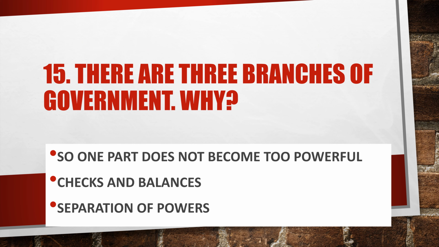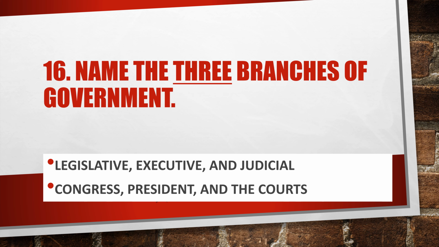There are three branches of government. Why? So one part does not become too powerful. Name the three branches of government. Legislative, executive, and judicial.